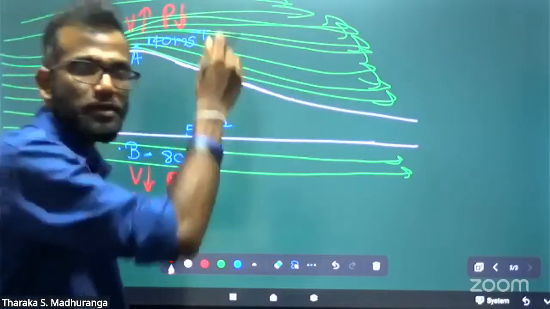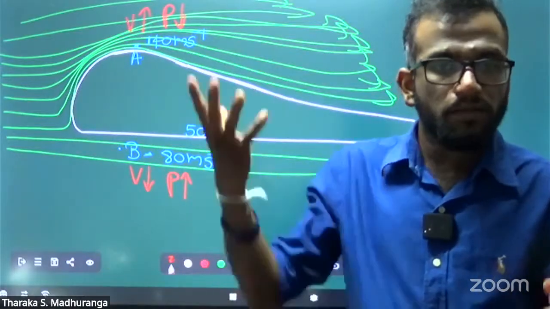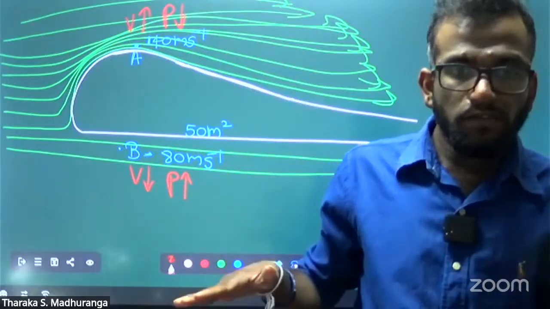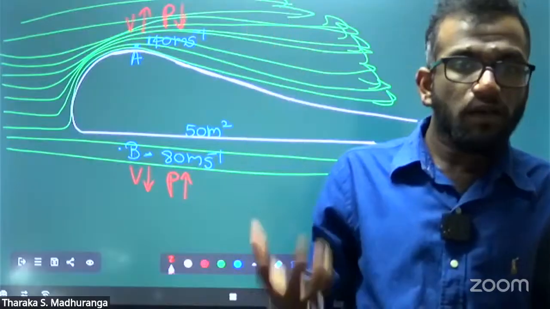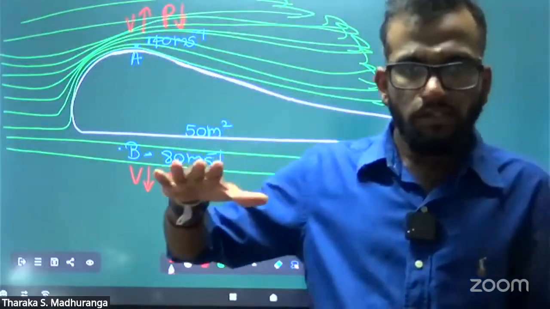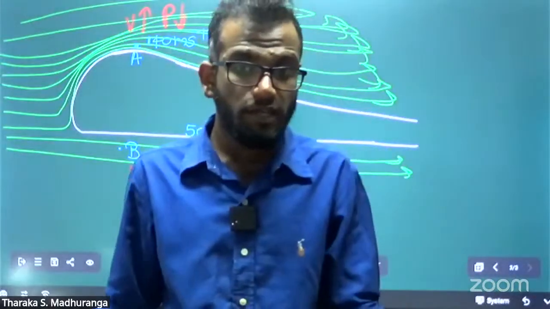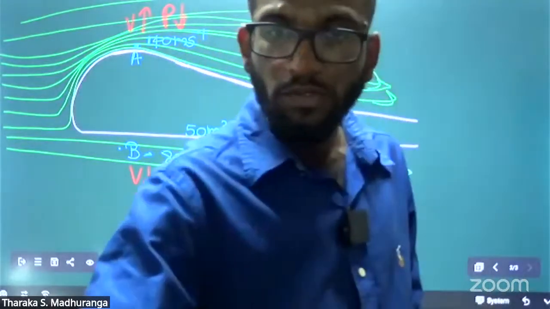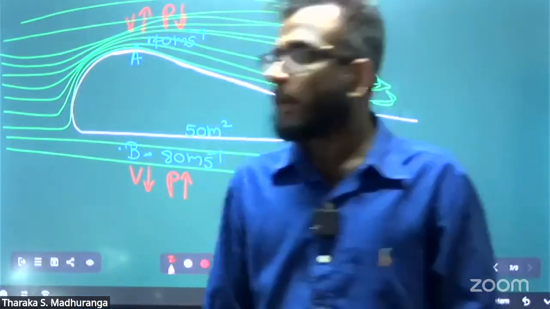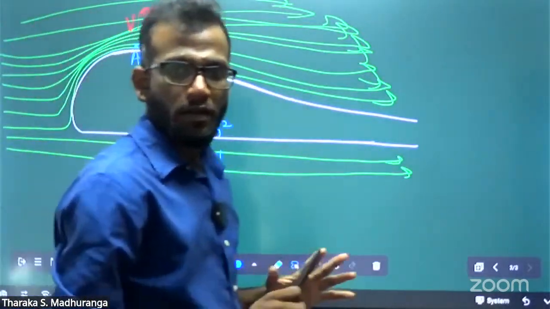A force is exerted from high pressure to low pressure, applied due to the pressure difference on the surface of the wing area, and it is lifting when the speed increases, as we discussed in the lesson. Okay, understood?